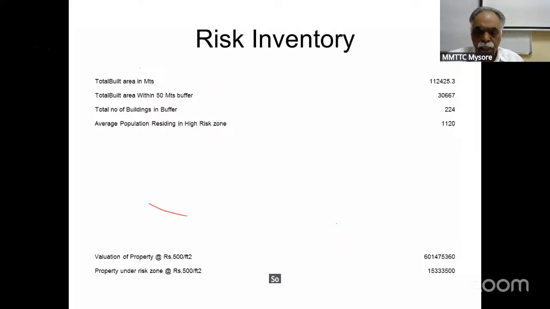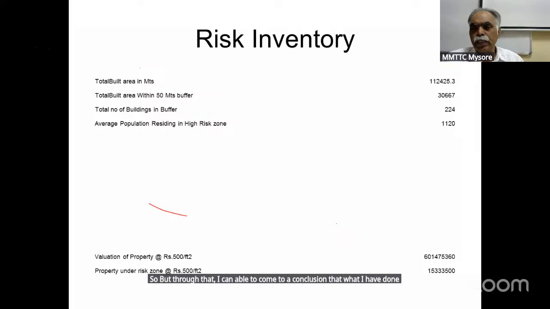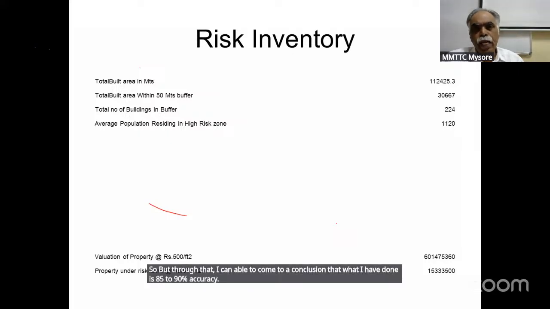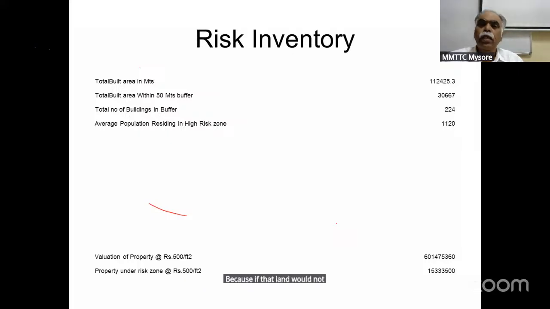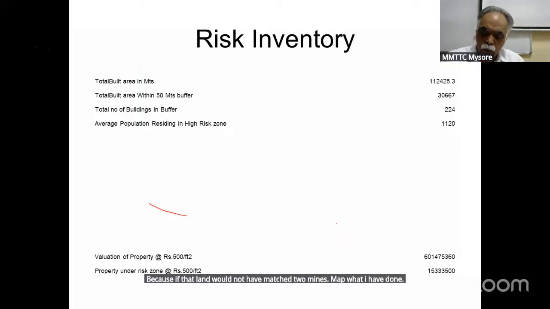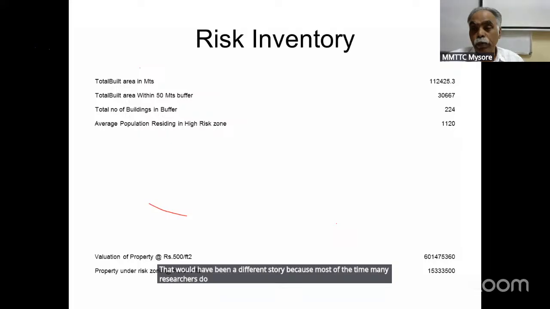Through that, I could come to a conclusion that what I have done is 85 to 90% accurate. Because if that land had not matched my map, it would have been a different story. Most of the time, many researchers do mapping, but it is not correlated or matched with the ground data.